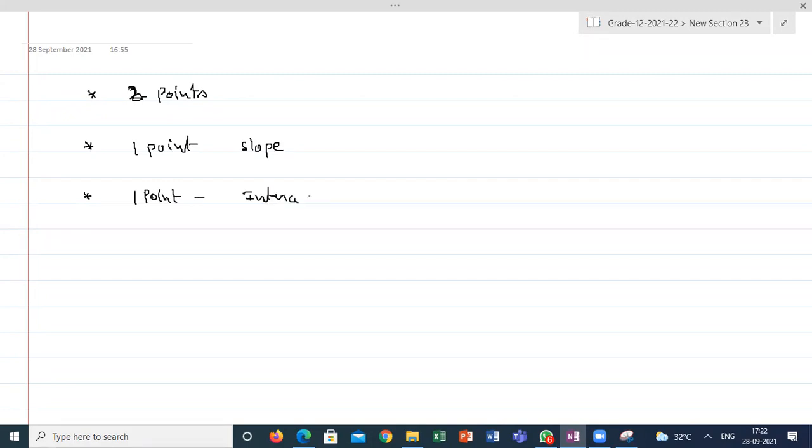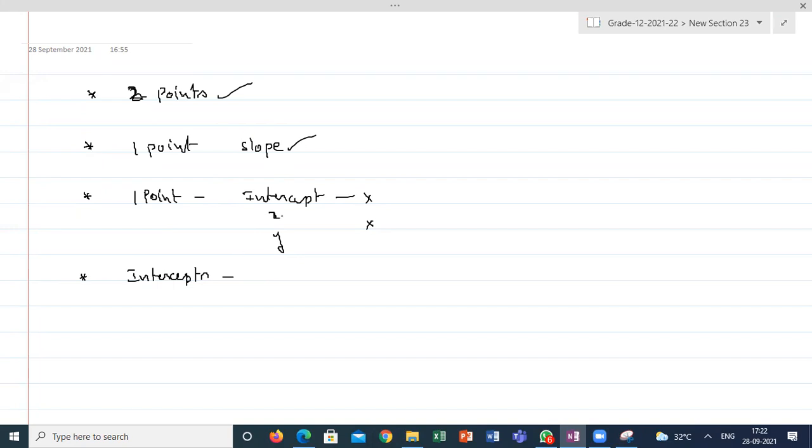I will let you know the meaning of intercept. Here we are getting 2 different forms. The intercept may be x-intercept, the intercept may be y-intercept. I'm giving 2 points, or a slope, or 1 point and an intercept, or both intercepts. So here a new term came.